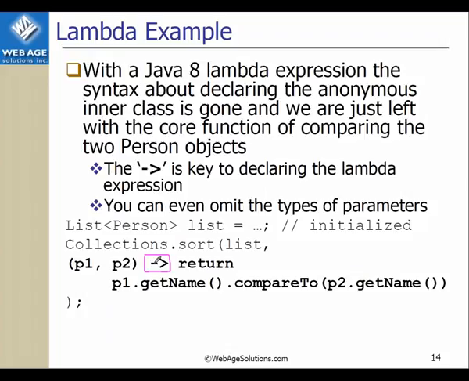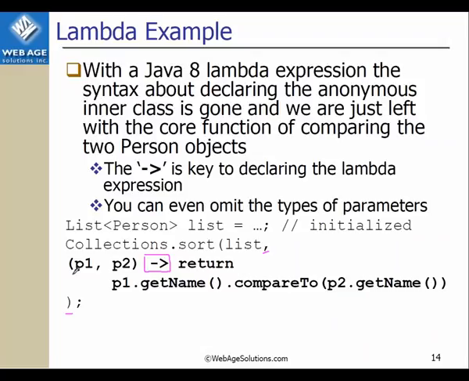Notice that we have the comma, which is the comma before the second parameter of the sort method, and here's the end of that sort method. Notice no extra brackets, no extra new comparator and override of the comparator. It's just the core of that bold code that we had before, which was how we're going to compare these two things.